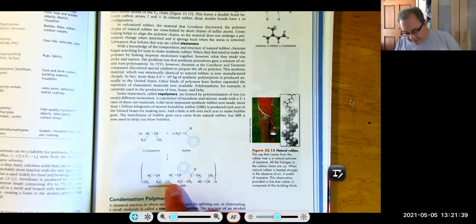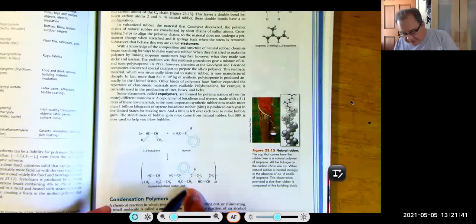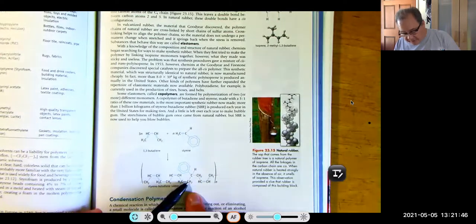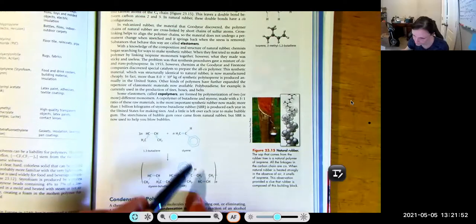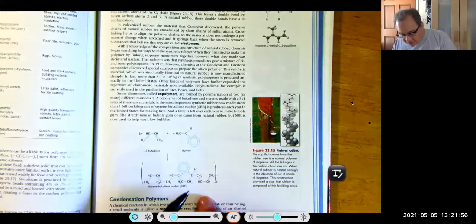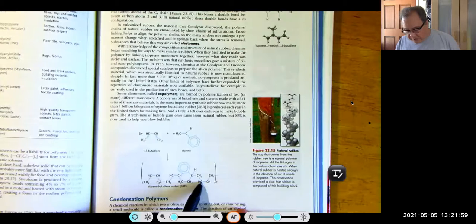And then there's a styrene, and you'll notice here the styrene. Do you see this CH2? There's the CH2. There's the carbon. And then there is the benzene ring, which is right here. And then you'll notice we have 1, 2, 3, 4, another 1,3-butadiene.